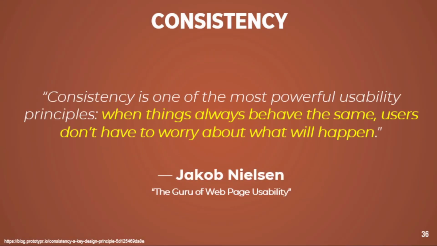According to Jakob Nielsen, the guru of web page usability, one of the grandfathers of web page usability design, consistency is one of the most powerful usability principles. Why? Because when things always behave the same, the users don't have to worry about what will happen. Do you agree?